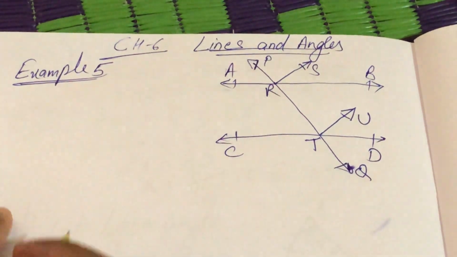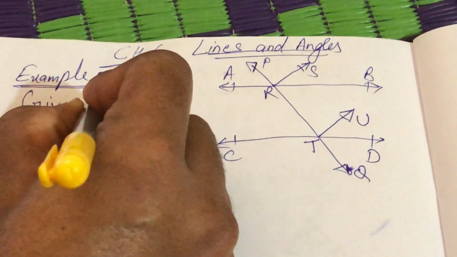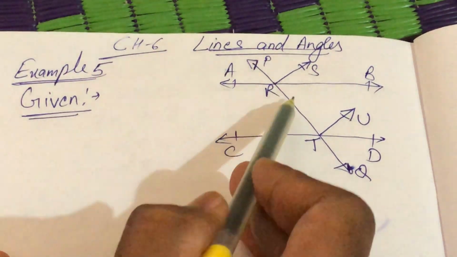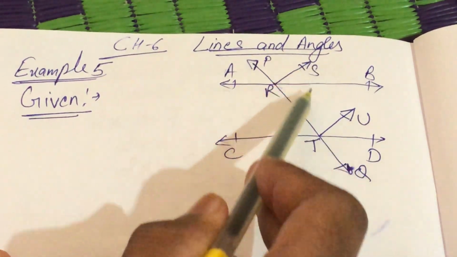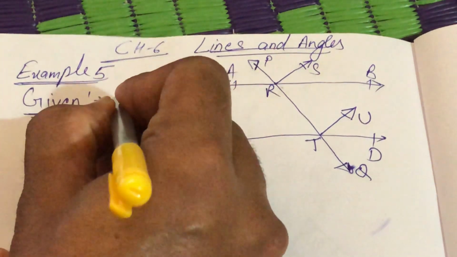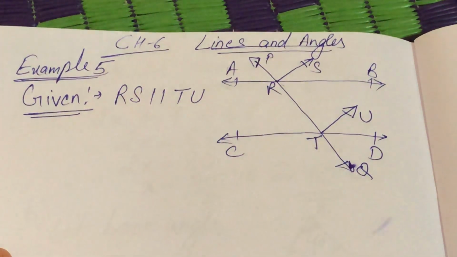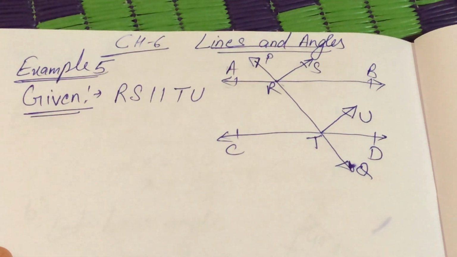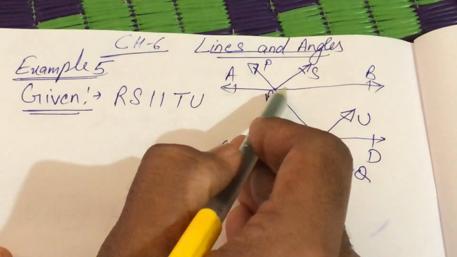In the question, what is given? The given is that RS and TU are parallel. Also, this RS is the bisector of this corresponding angle.